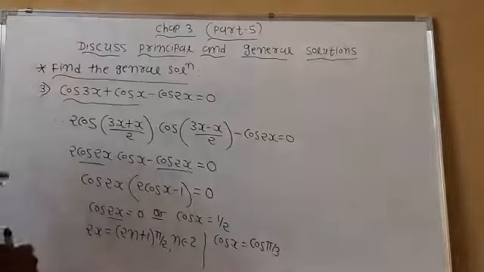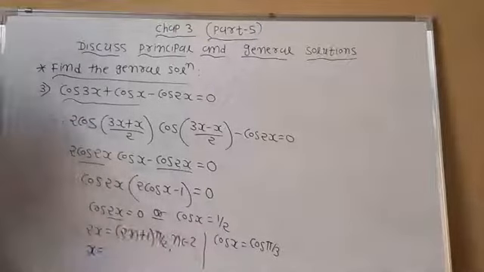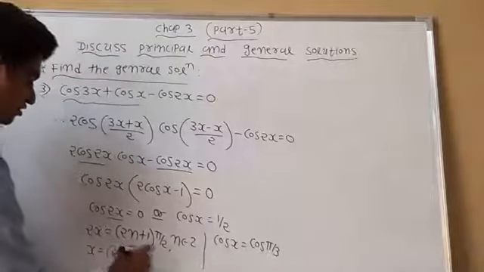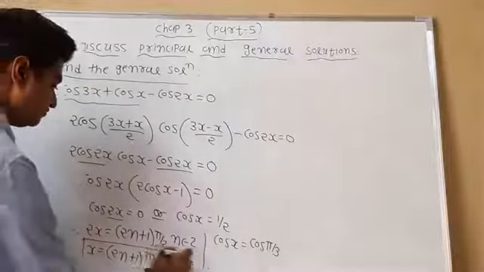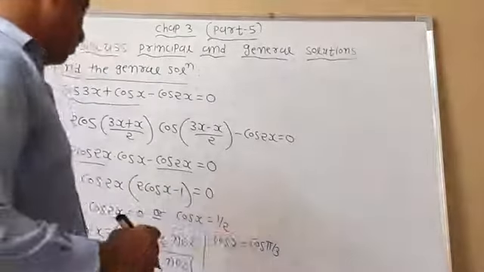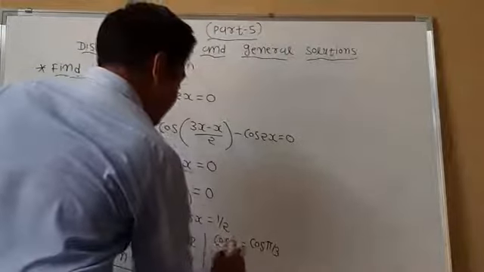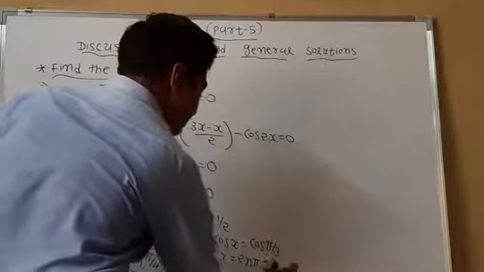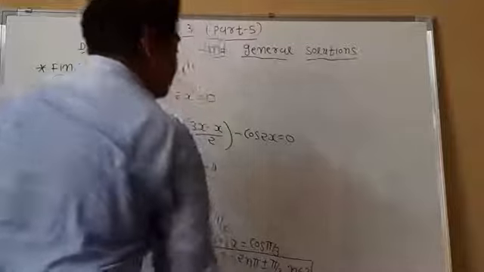So now our final answer: x is equal to, multiply with 2 here, so x is equal to 2n plus 1 bracket into pi by 4, n belongs to z. And another result, cos x is equal to cos y form applies here. So now we write x is equal to 2n pi plus minus pi by 3, n belongs to z.